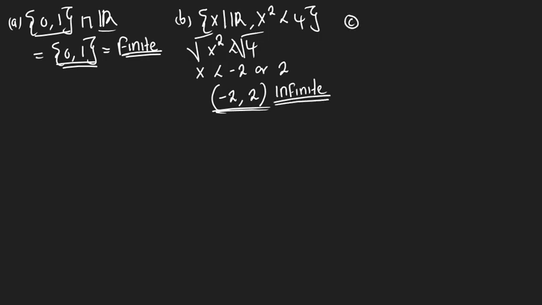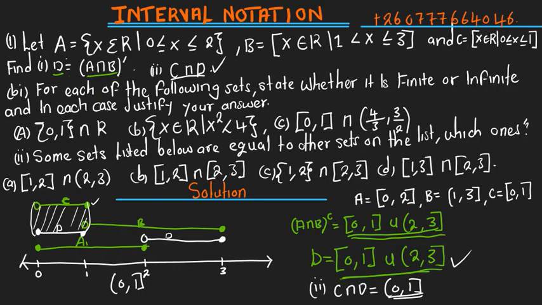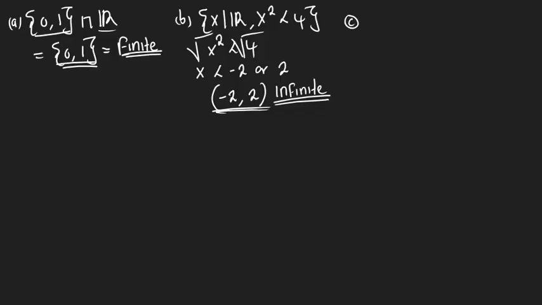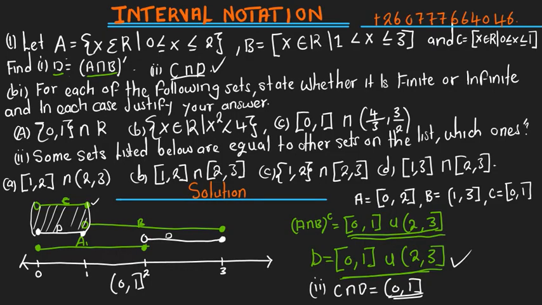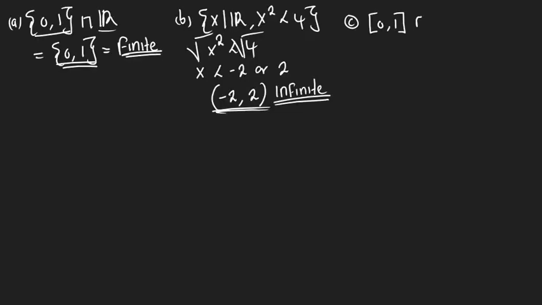We go to C. Okay, so C, we have been told we have that interval there, [0, 1], then they're saying intersecting with (4/3, 3/2). Notice that if you divide 4 by 3, you're going to get a number that is 1 point something, greater than 1.